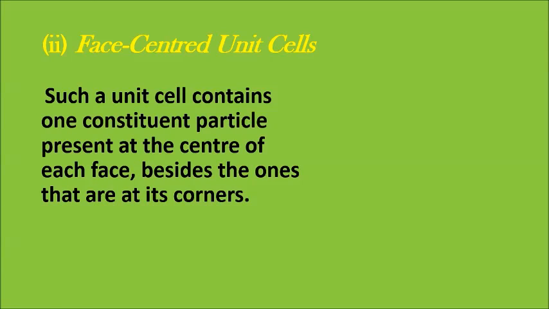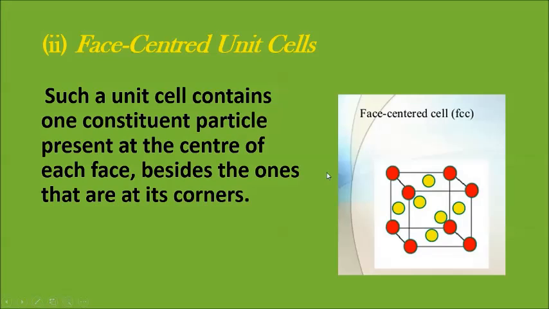Such a unit cell contains one constituent particle present at the center of each face, besides the ones at its corners. That means the 8 corners are there in the face centered cell, that is the simple cube, plus we can see here 6 faces of a cube. On the first face, you have a constituent particle at the center. On the second face you have a second one.